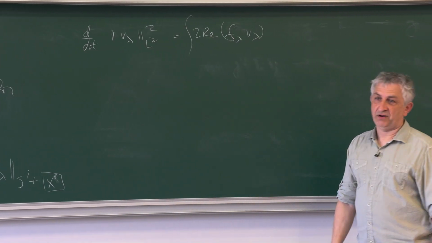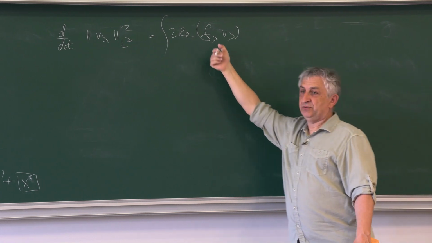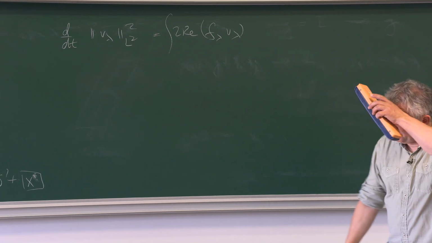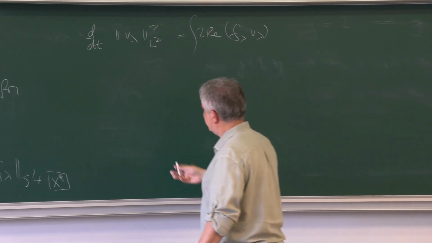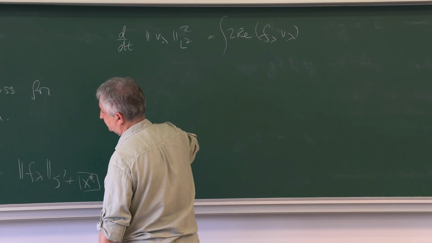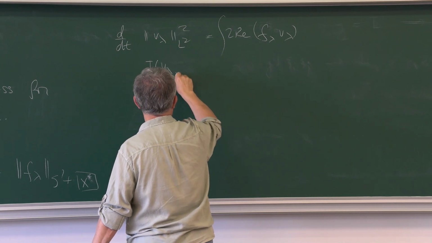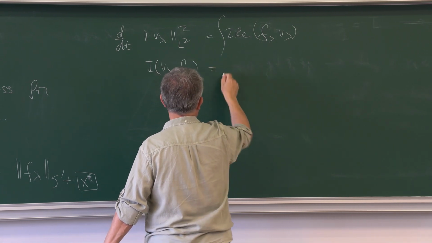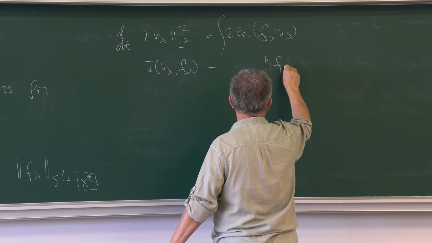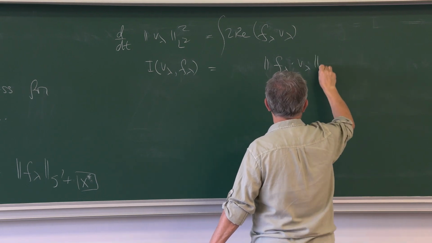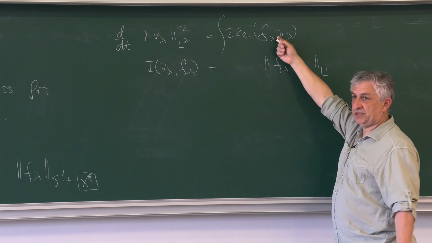So if all I want is energy estimates, I need to be able to estimate this integral. And that made us consider this expression I of V lambda F lambda, which would be, so you'd like to look at F lambda times V lambda in L1. That would allow us to estimate this.